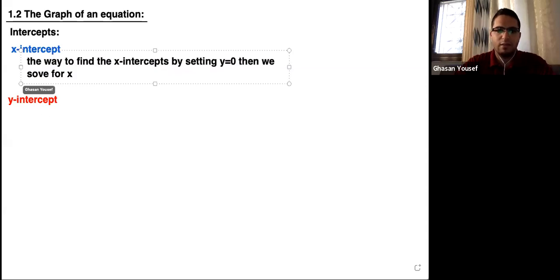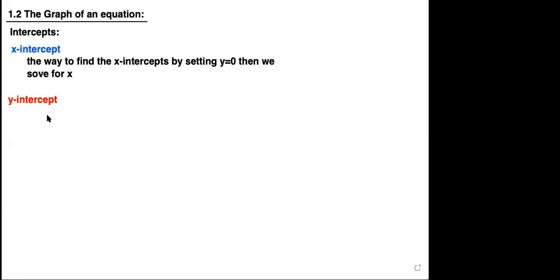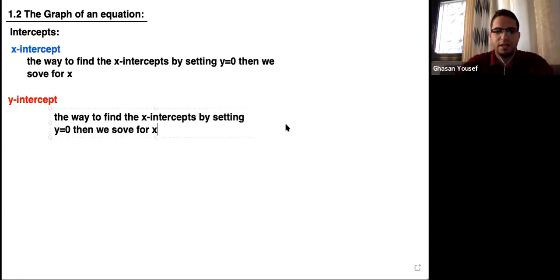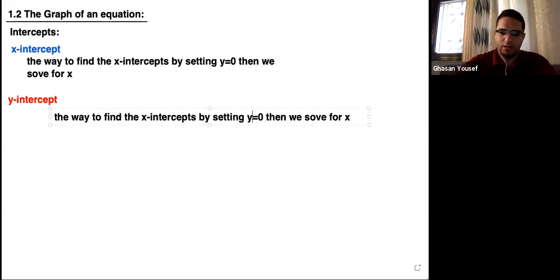And how can we find the y-intercept? Any idea? When x equals 0. Exactly the same thing, but here we plug in x equals 0. So the way to find the y-intercept is by setting x equals 0, then we solve for y.